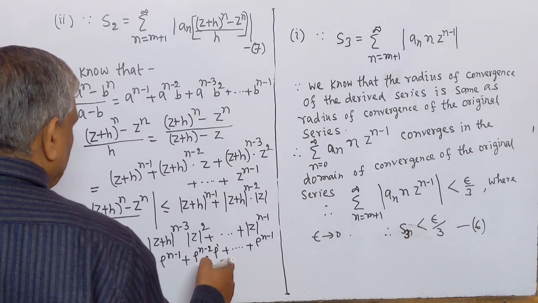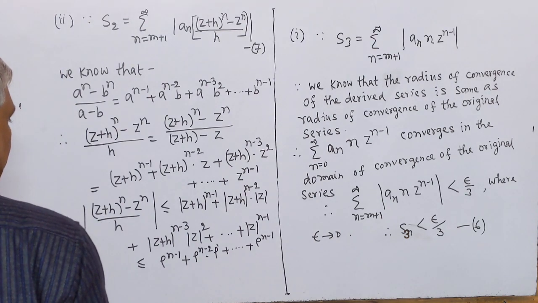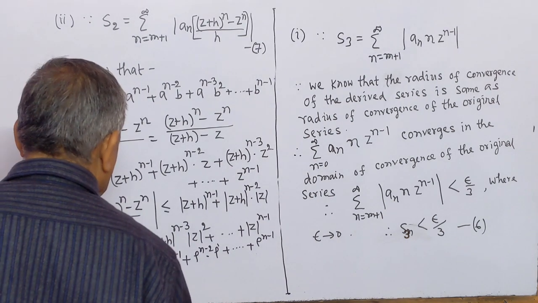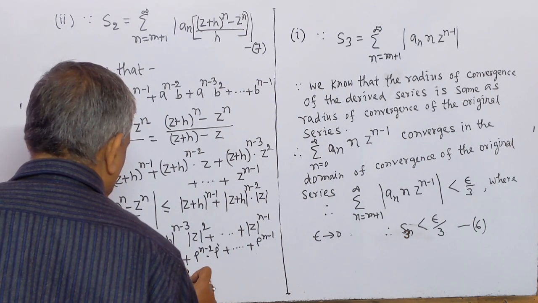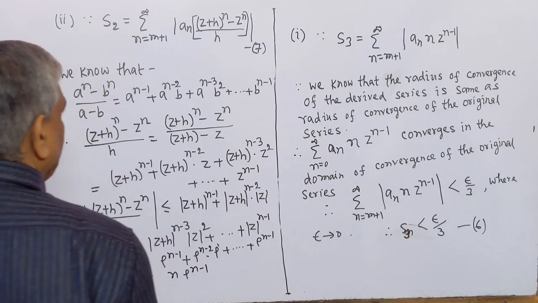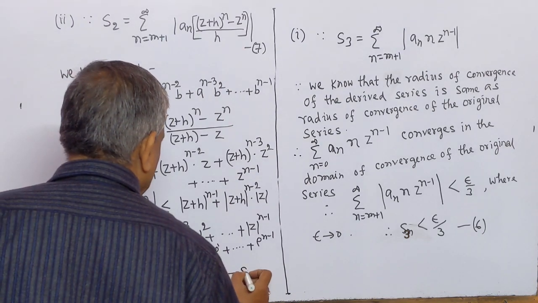This is also rho to the power n minus 1. And this is equal to n terms, n rho to the power n minus 1. This is number 8.